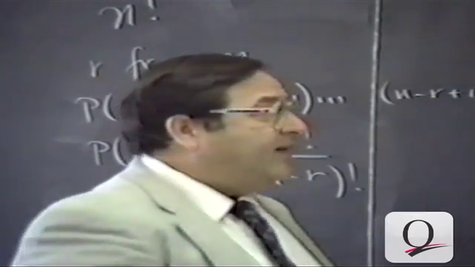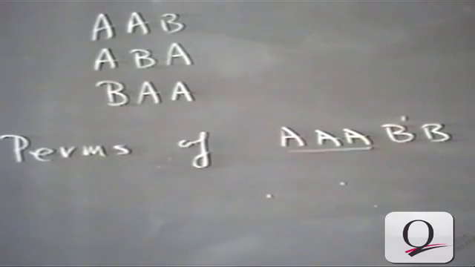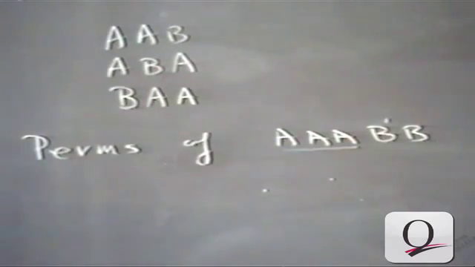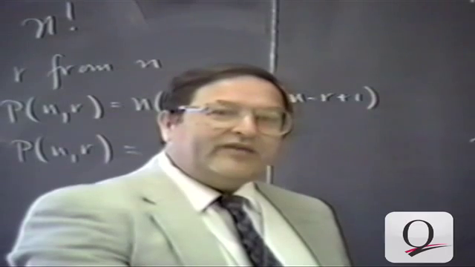Well, I know that these 3 objects, if they were different, allow 3 factorial, 6 permutations. So really now I only have 1/6 of the permutations allowable because of the A's. And these B's, if they were different, would have allowed 2 factorial, or 2 permutations. Now I only have 1/2 because of the B's.